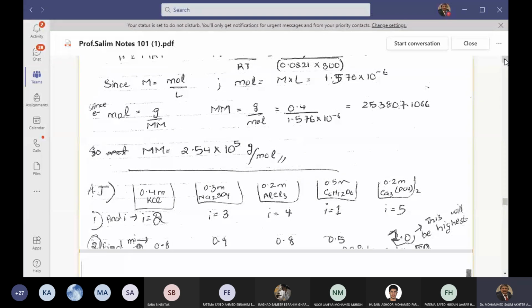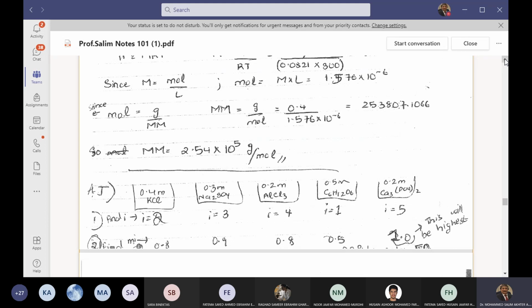Solution freezes at minus 2.11. And he would like to know what is M. Which metal is this? M metal.